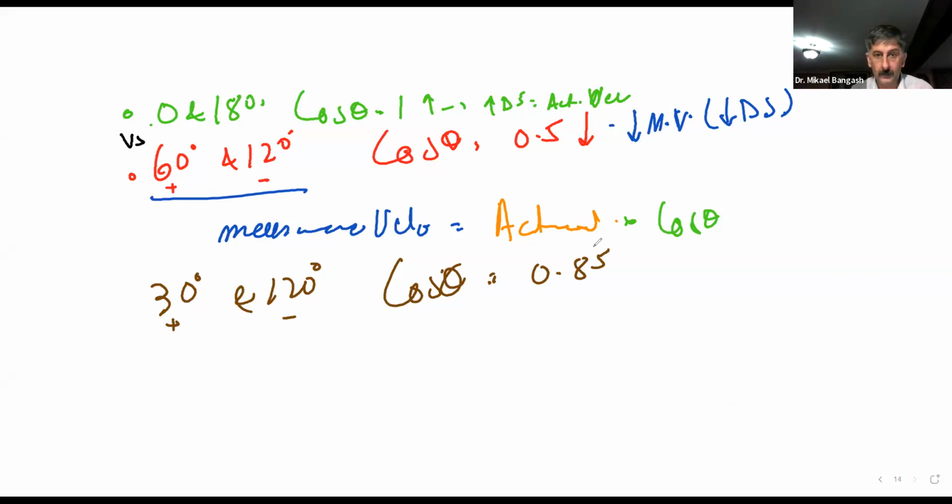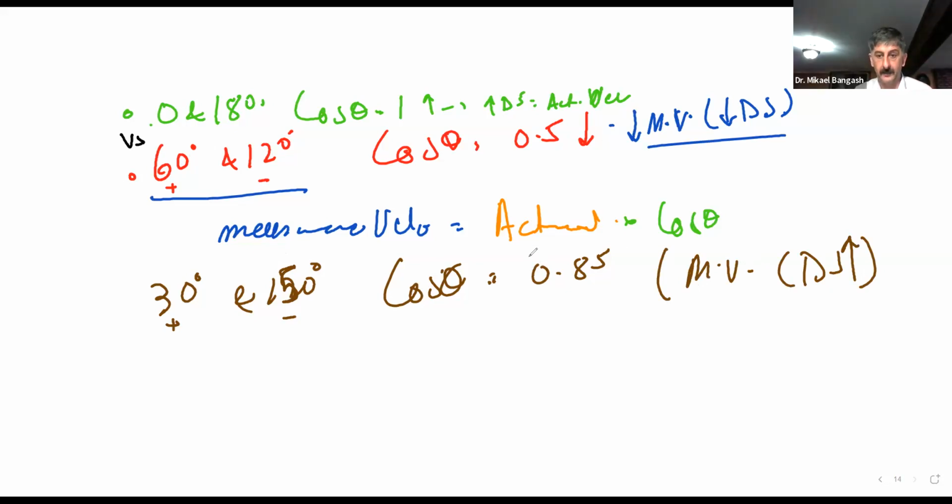Comparing to 60 and 120, here the measured velocity, or Doppler shift, is greater than the Doppler shift there, because of the greater cosine theta value.